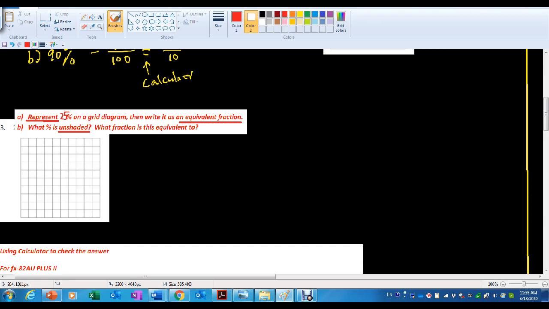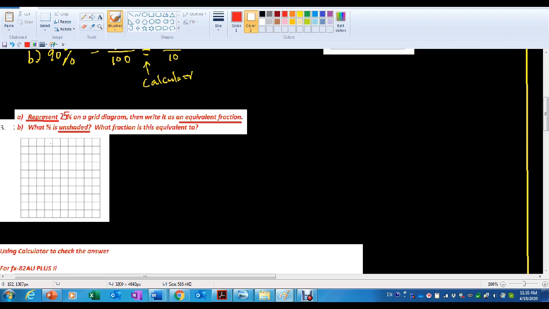You are again going to represent 25% on the grid diagram, then use your calculator to convert it into an equivalent fraction in its lowest form, and then answer what the percentage of the unshaded part is.